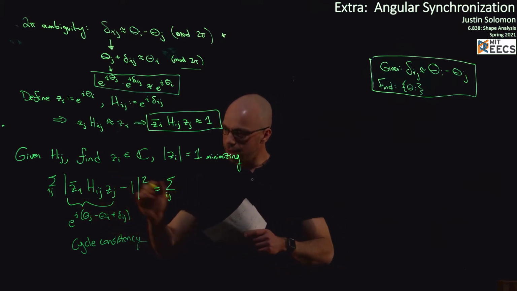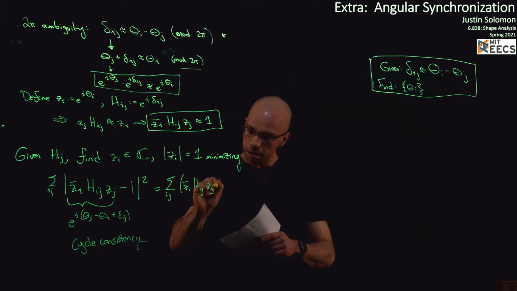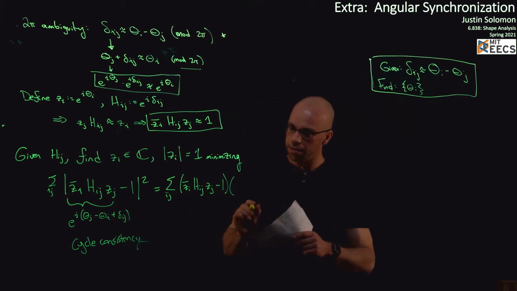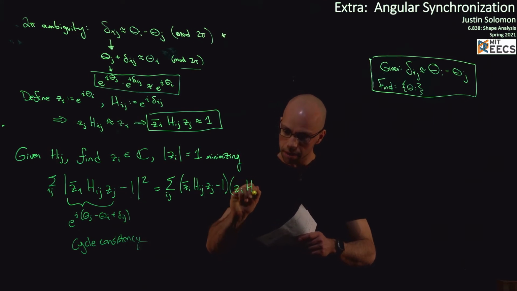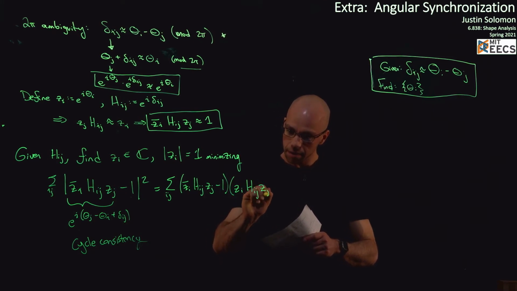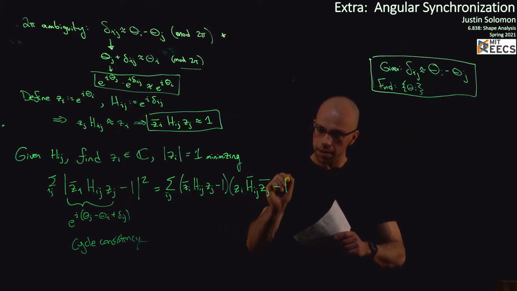So we're going to get that this is zi conjugate hij zj minus 1 times the conjugate of this expression, which is zi hij zj, where these three are conjugated. And of course, the conjugate of 1 is 1.